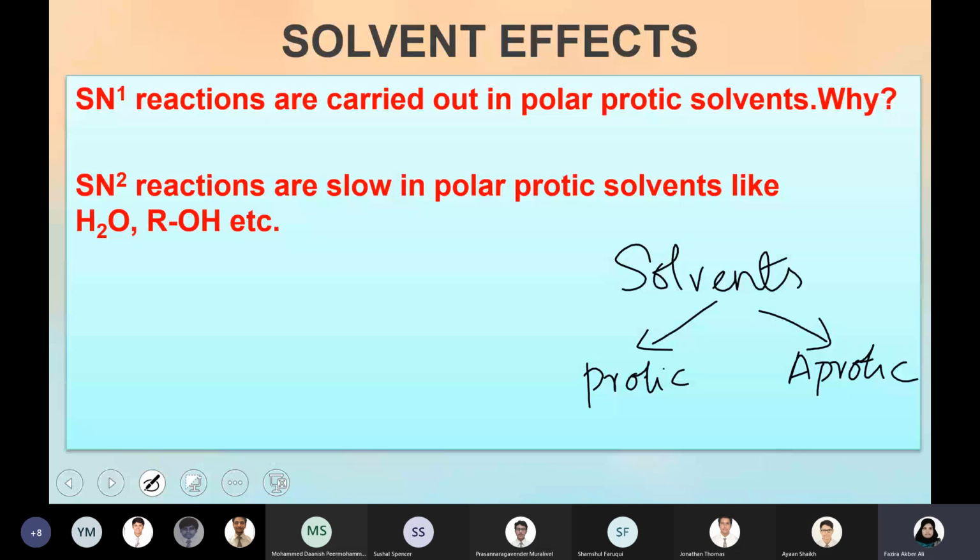Protic solvents mean a solvent containing hydrogen, for example H2O, water, methanol, etc. All this will come as protic solvent where you have hydrogen. But aprotic solvent means a solvent where there is no hydrogen.